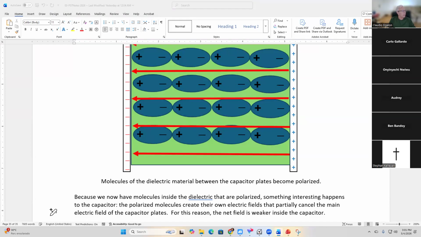So keep this idea in your mind, so you can see what happens at the microscopic level, okay?